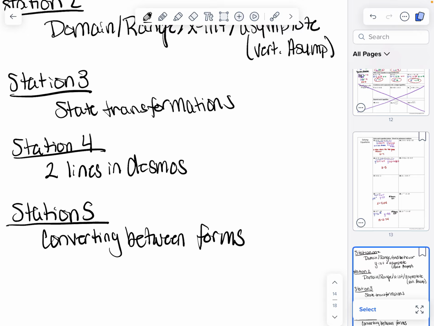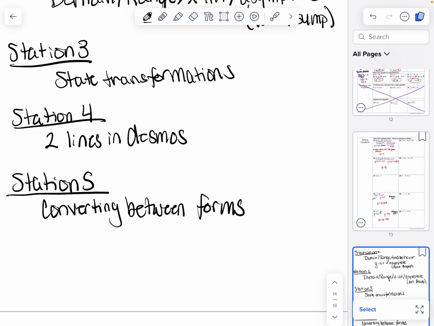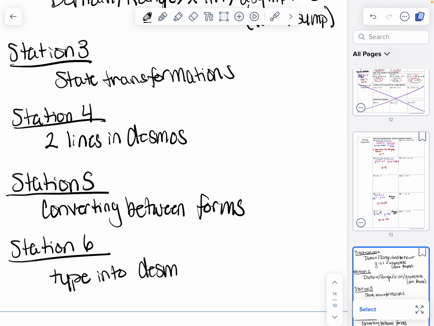In station 6, you are evaluating some logarithms. You're just going to type those into Desmos and it will give you a value. Remember, the shift dash is what will give you your little subscript number.